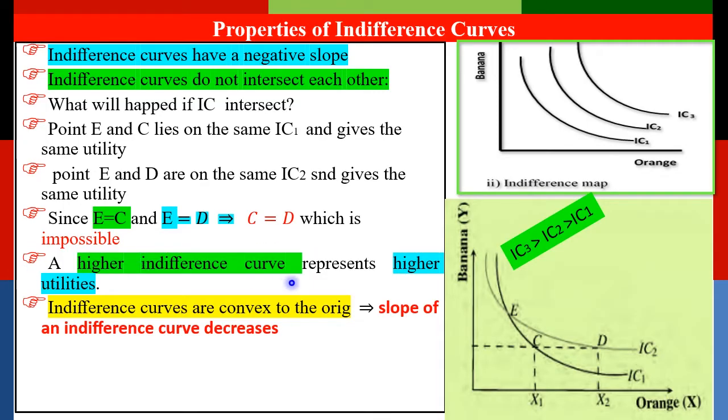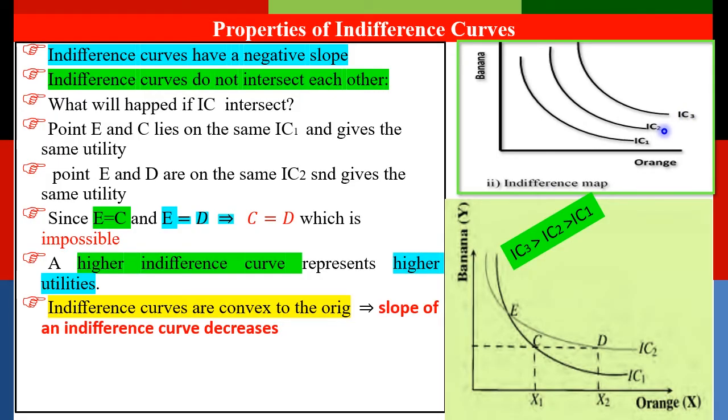Another property of the indifference curve: a higher indifference curve represents higher utility. Yes, it is true. For example, indifference curve 3 represents higher utility than indifference curve 2.